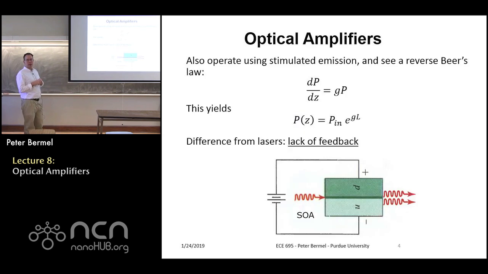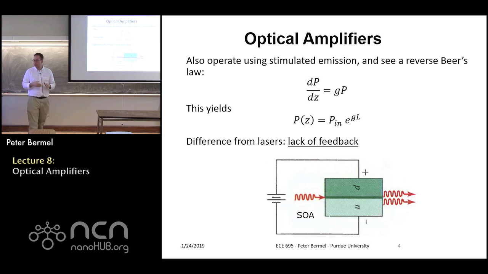Okay, so as I mentioned, the key thing that we need in optical amplifiers is to focus on stimulated emission. To get something that's dominated by stimulated emission, we're going to have something like the reverse of Beer's law. Instead of absorption, stimulated emission is its reverse, and that's when you have population inversion.